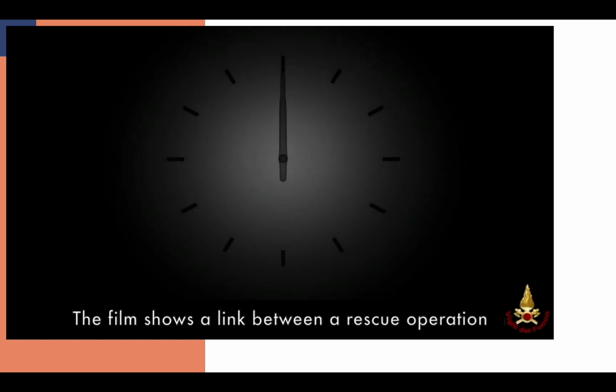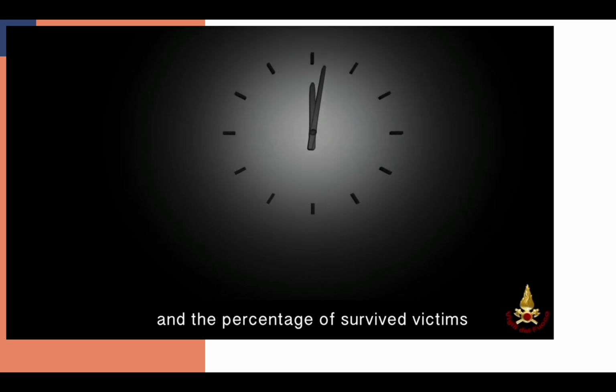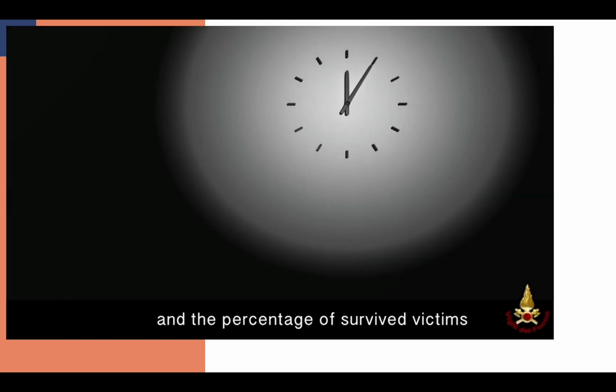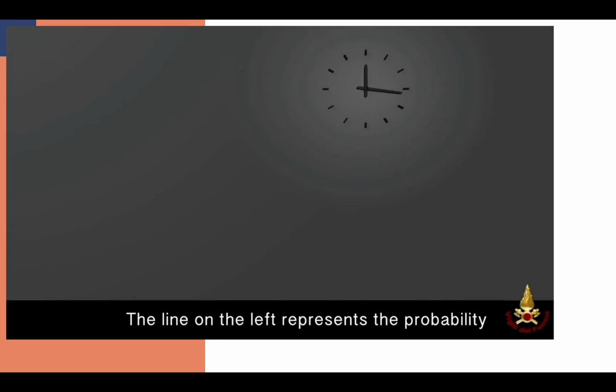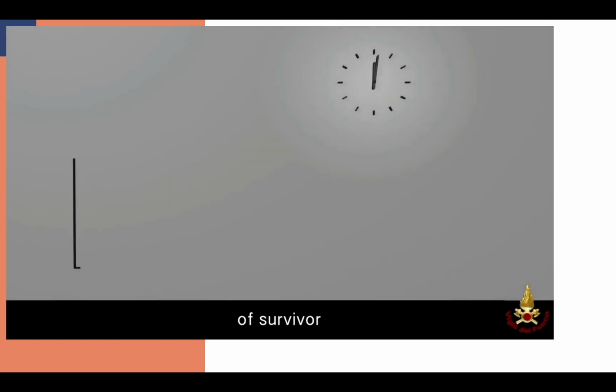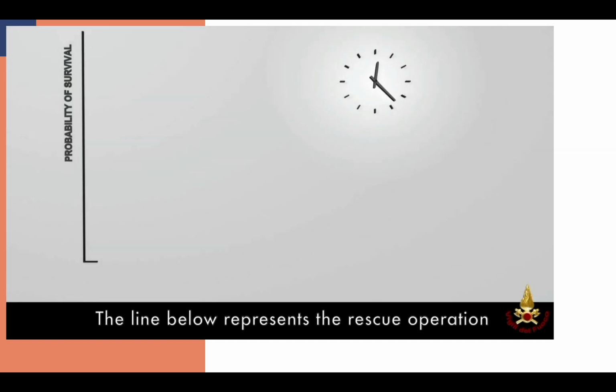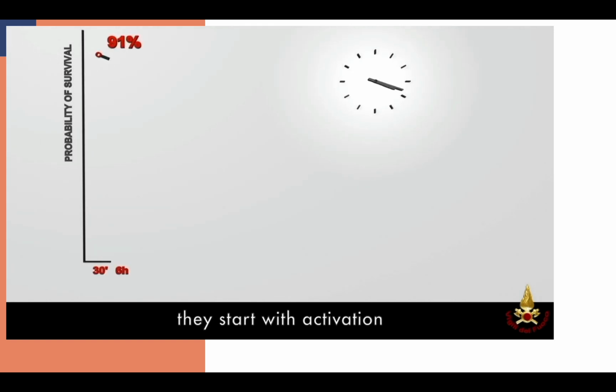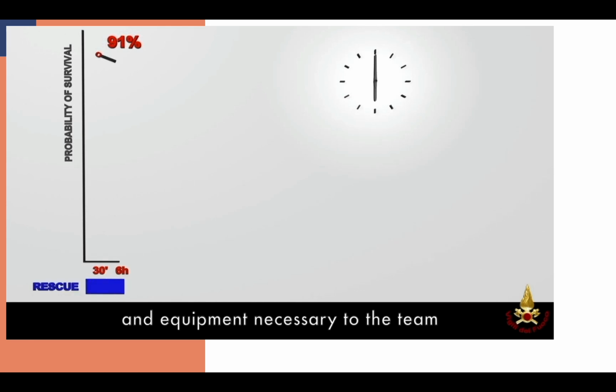The film shows a link between a rescue operation and the percentage of survived victims. The line on the left represents the probability of survival. The line below represents a rescue operation. They start with activation from 30 minutes to 6 hours. It depends on the size and equipment necessary to the team.